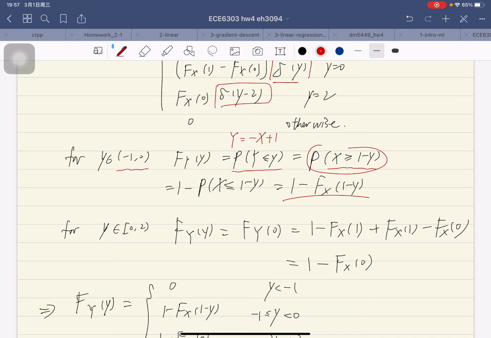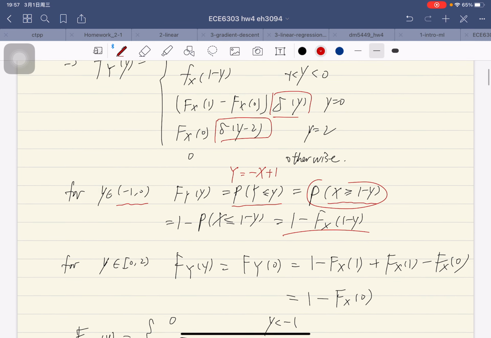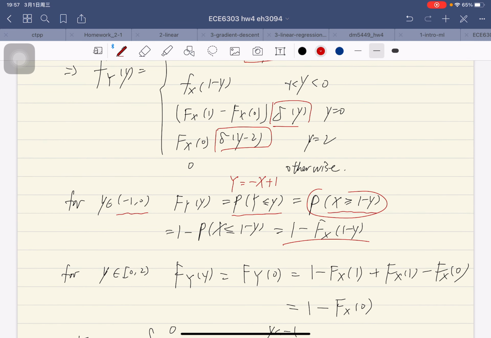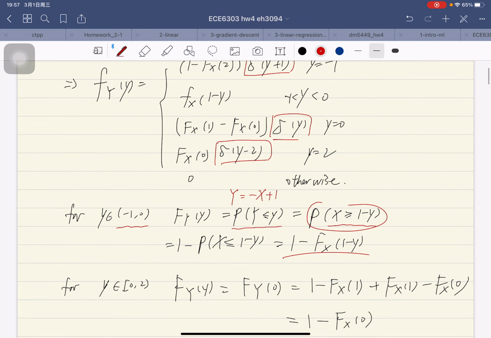And for the interval y in 0 to 2, we will have big Fy(y) equal to big Fy(0), because we can know that it is shown by here.